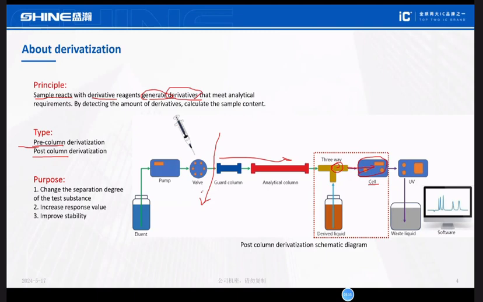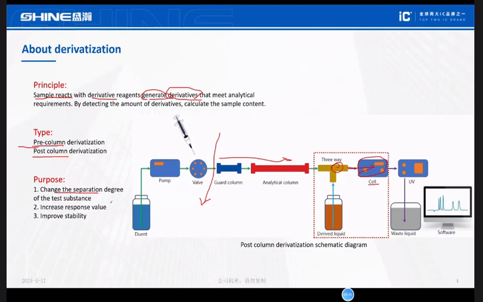So in theory, it's a little similar, but in the device, it's different, because for pre-column derivatization, they usually don't use a special device to do that. Okay, and the purpose is to change the separation degree of the substance.